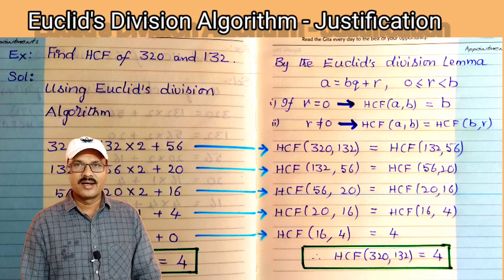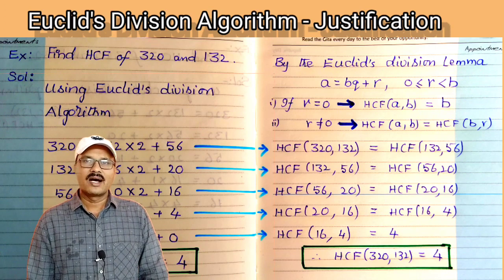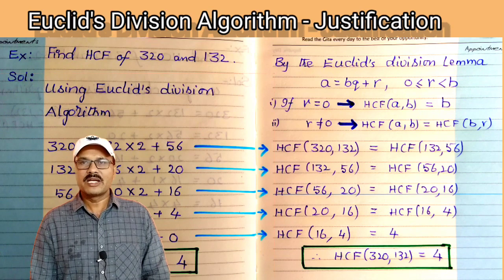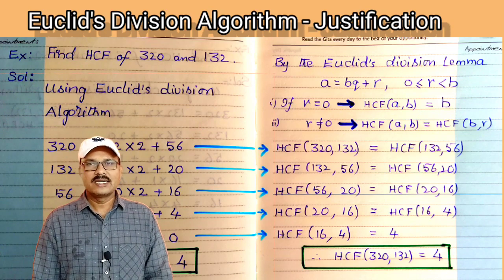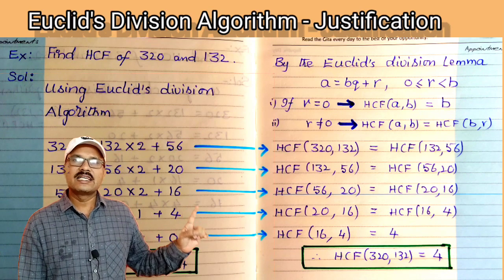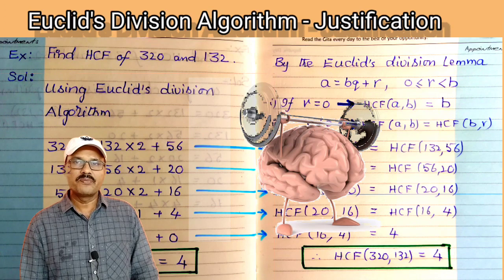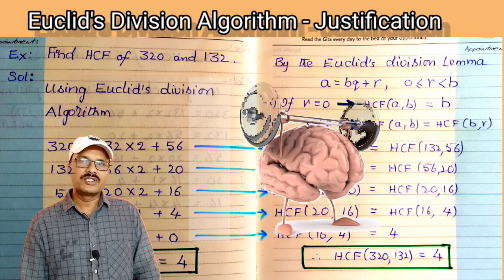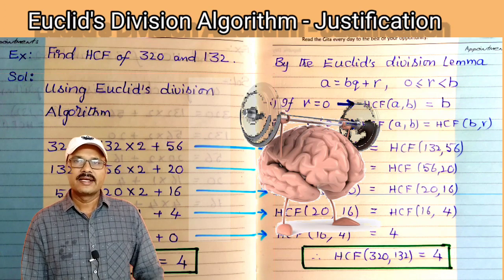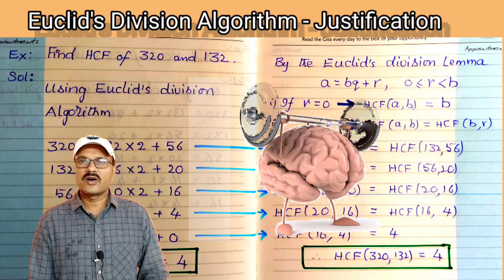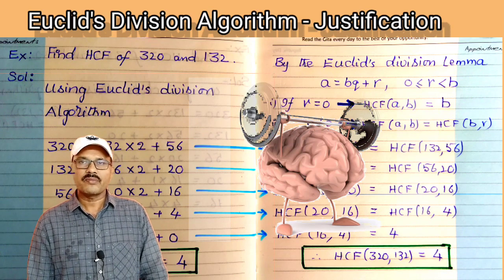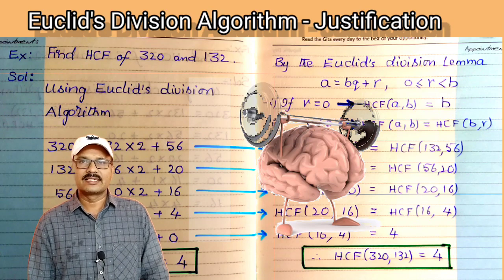Because I am choosing the justification part, it may be a little bit long, but my word of advice is that understanding this type of justification is a good mental exercise and it will improve the ability of your logical thinking and the educational standard of reasoning and proof. So don't skip the video, please watch till the end.